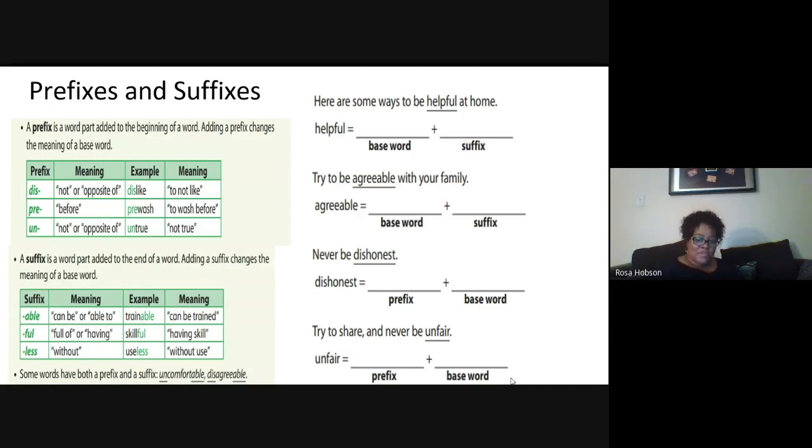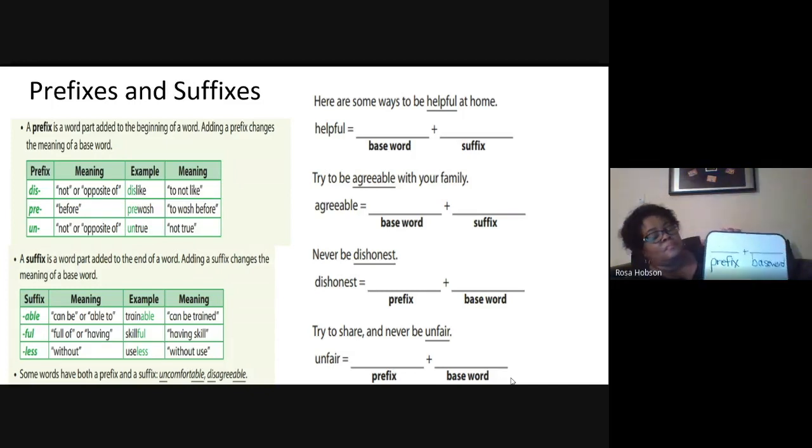Can you break that down to find the prefix and the base word? Okay, never be dishonest.